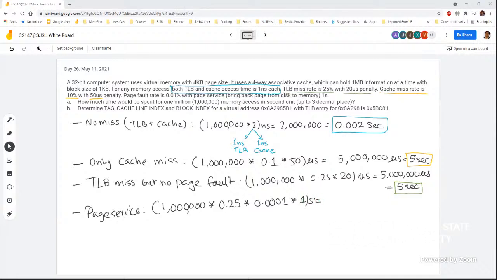So what is that about? See, your page fault can occur if there is a TLB miss.